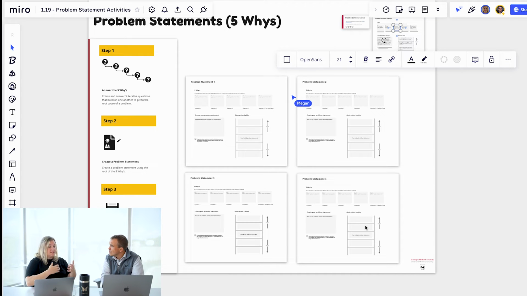And the process of each of us asking why may lead us in a little bit of a different direction. I see. That's okay at this point. It's probably good to have a lot of different thoughts on that particular topic that we can then come back to and look at with the lens of saying which one of these feels right, which one of these feels like it's closest to the root cause that we might be able to solve.